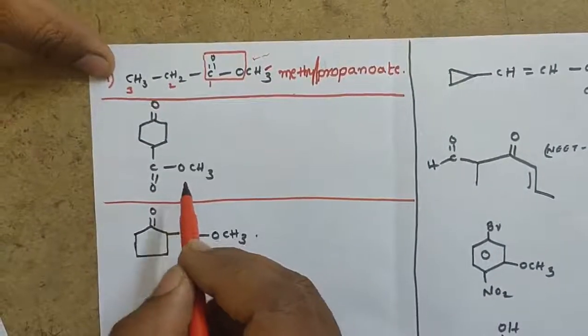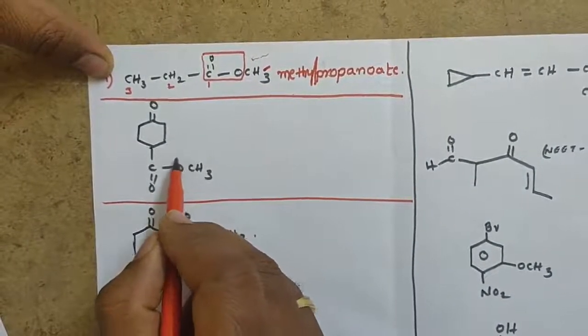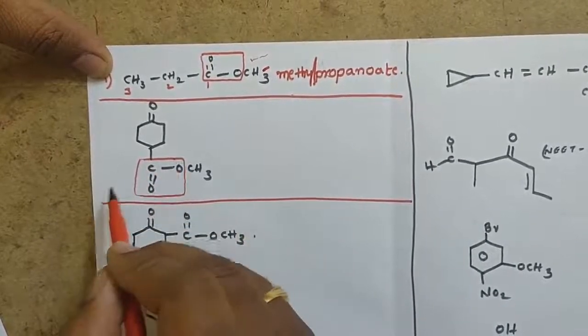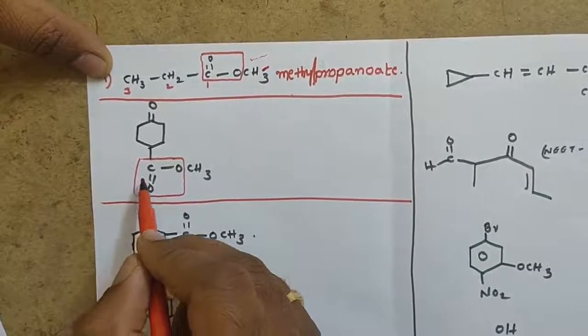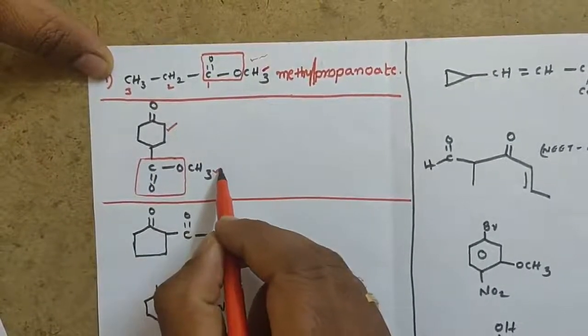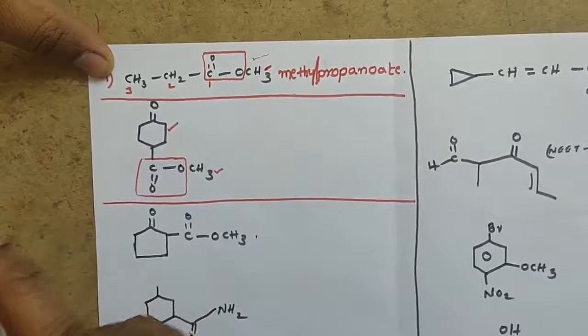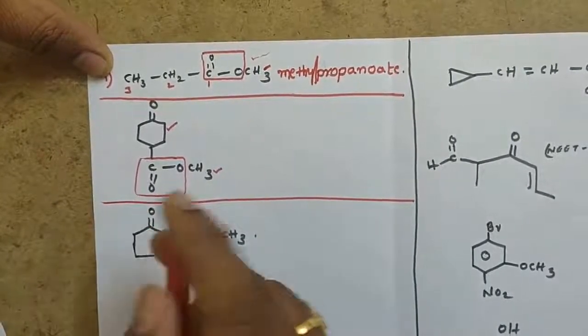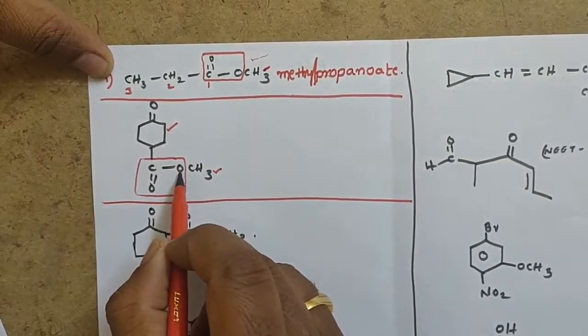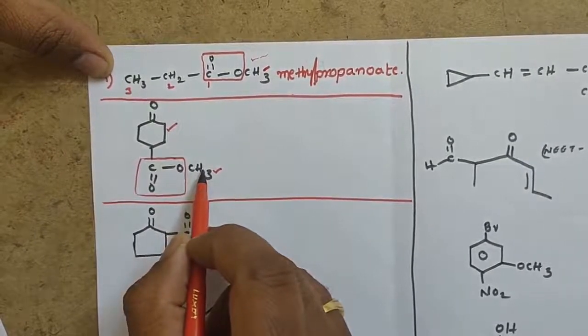So here also, what is the functional group? The functional group is ester. Now this is one side chain, and this is another side chain. Two side chains are present here. First, start with O, since the functional group is there. The O next, what is there?